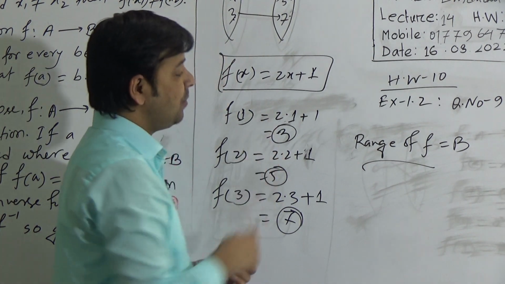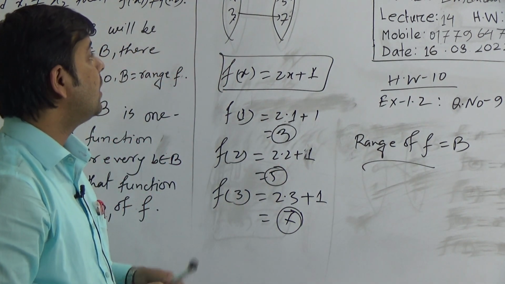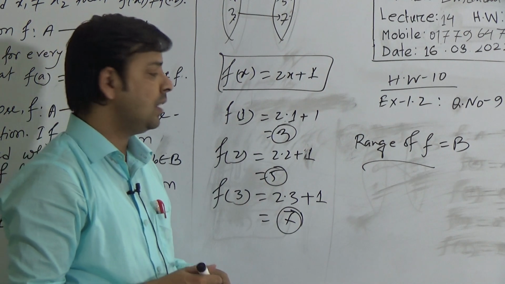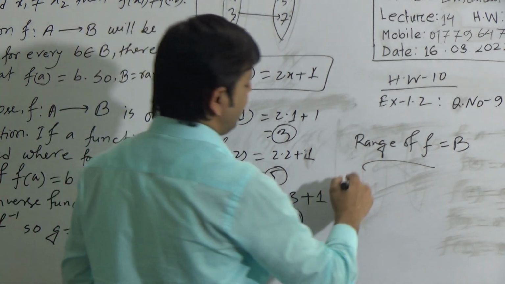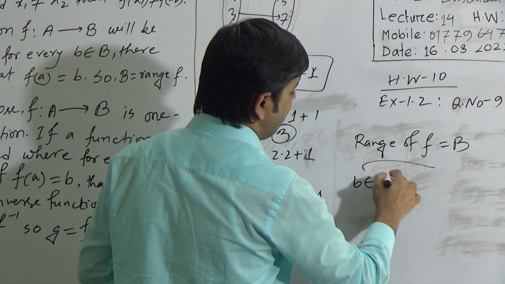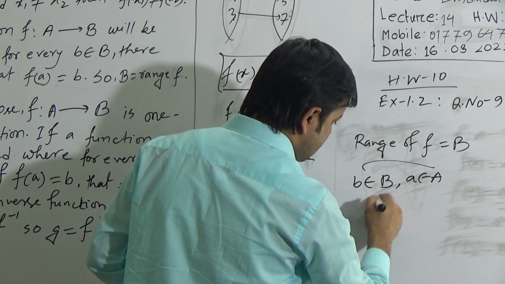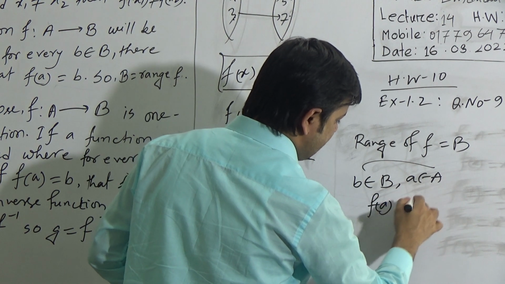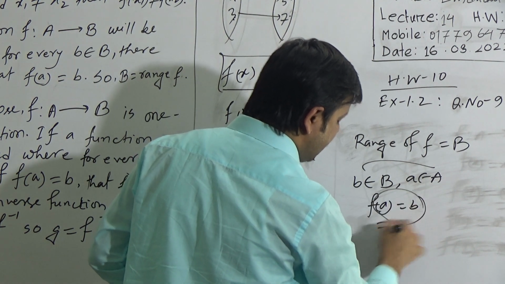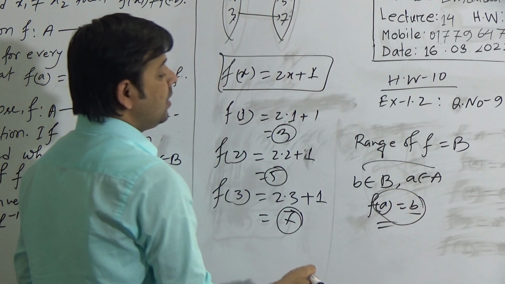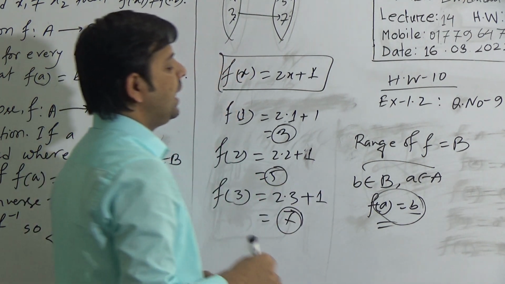It means all the elements of b are the images of the elements of a. So, this condition holds for b. For every b belongs to b, there exists a belongs to a such that f of a is equal to b. It means that every element of b is an image of a.